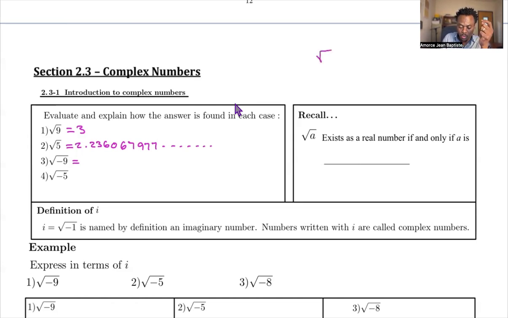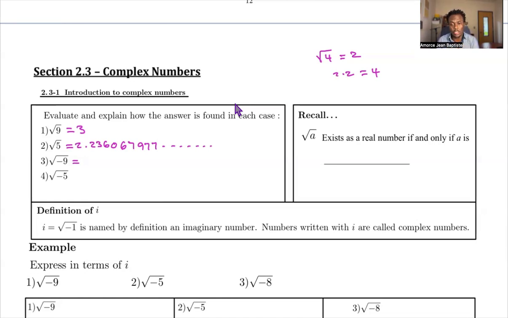Just like the square root of 4 is 2, because 2 times 2 is 4. So when you're looking for the square root of a number, you are looking for another number that multiplied by itself gives you that number.